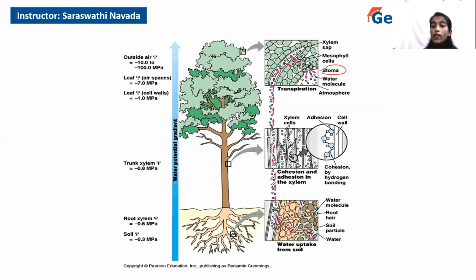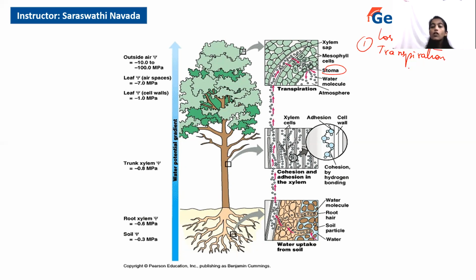As water is continuously lost through the stomata, what happens? The turgidity of the guard cell decreases. So the first step is transpiration, that is, loss of water.